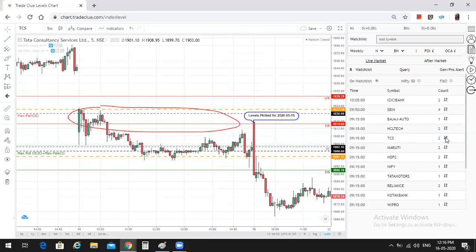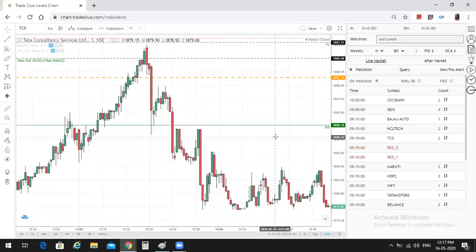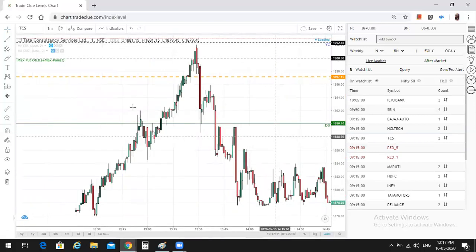If you see like this over here, red 1, red 5 for TCS, it has given an alert at 9:15 itself. Red 1 means in 1 minute there was a red candle, and then in 5 minute also there was a red candle. So let's just see what exactly happened in 1 minute at the start at 9:15.